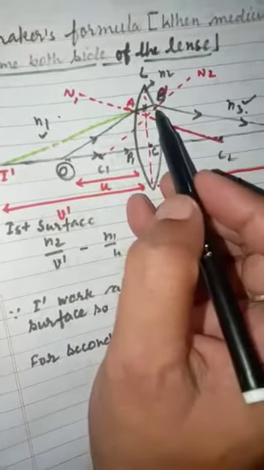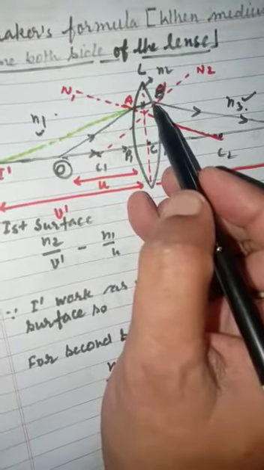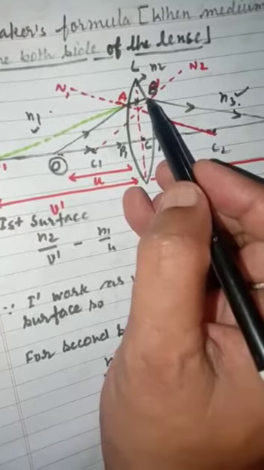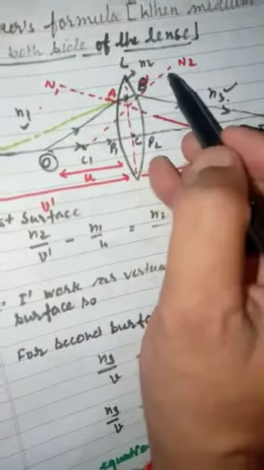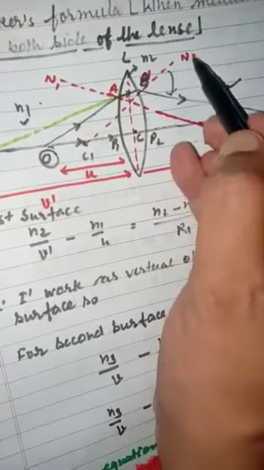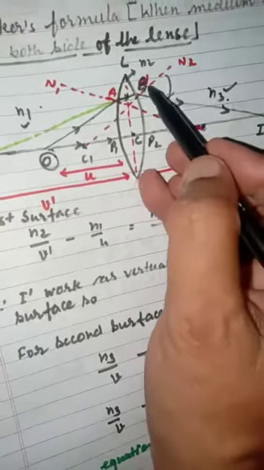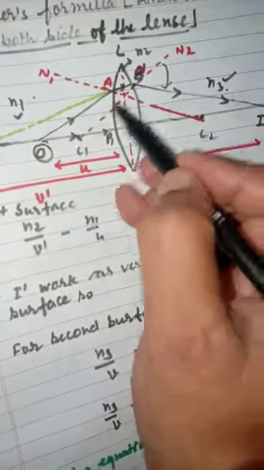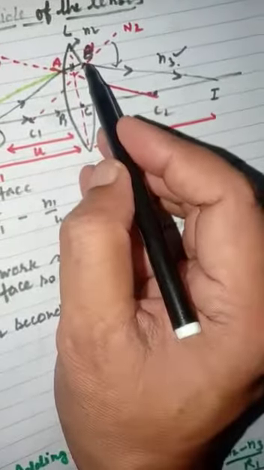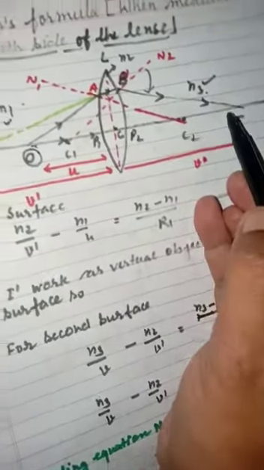After emerging from the second surface, after refraction, it goes away from the normal at B, C2 and goes along BI direction.